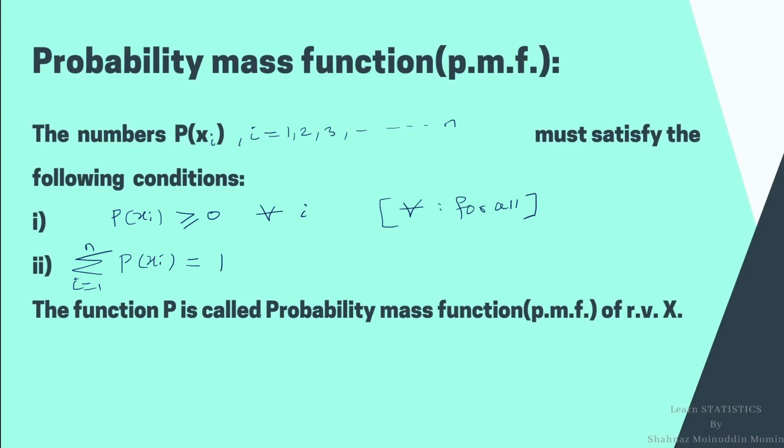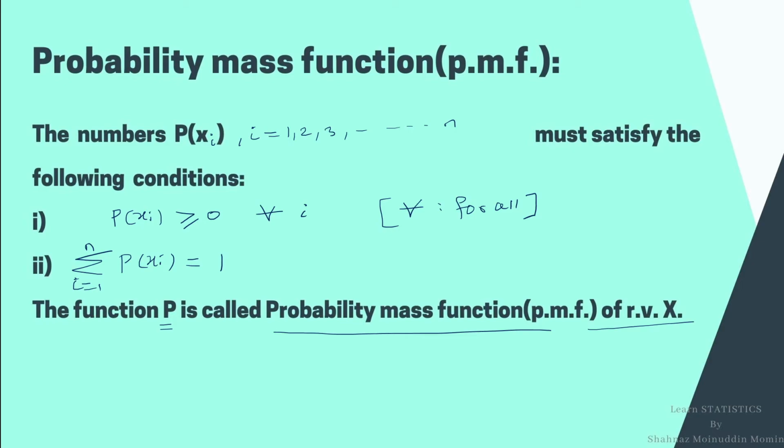Then the function p we have defined is called a probability mass function of the random variable. This function is known as probability mass function, which is abbreviated as PMF.